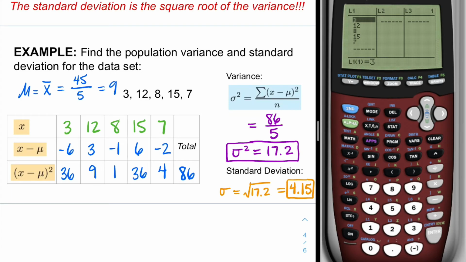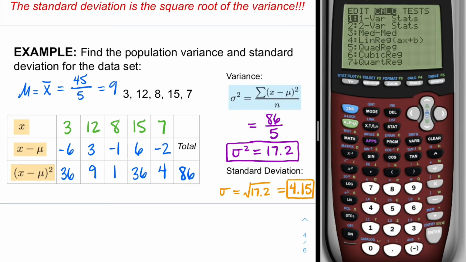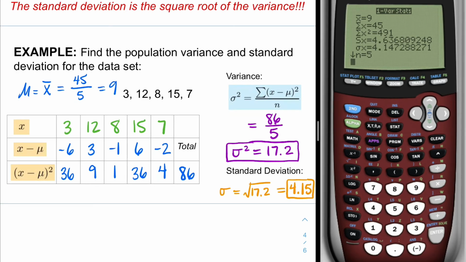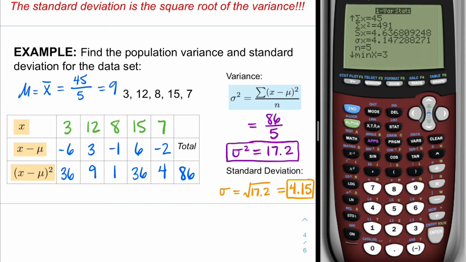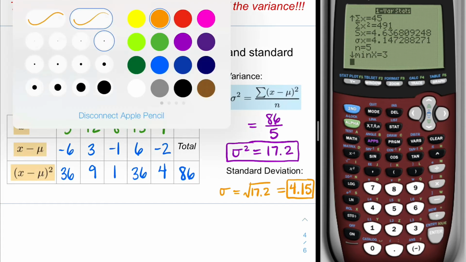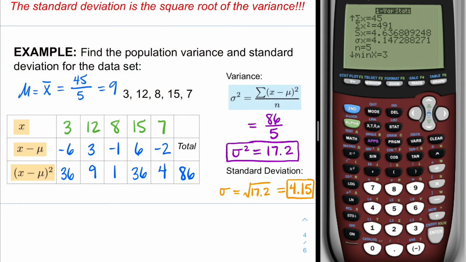So you put your numbers in like that, then you go to stat, go over to calc, one variable statistics, calculate. As you can see here, we said in the beginning that our mean was 9. You see that that x bar is equal to 9, so we know that we're right. Also, what you see is your n. Your n is your total number of numbers. And then finally, we see here that in the calculator, we have the different symbols.